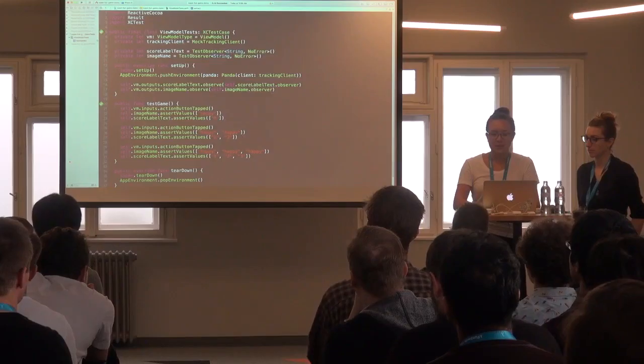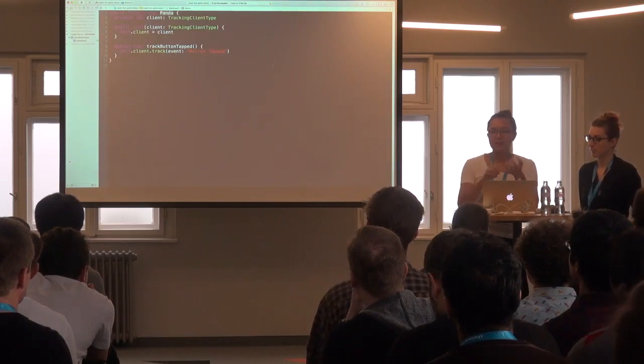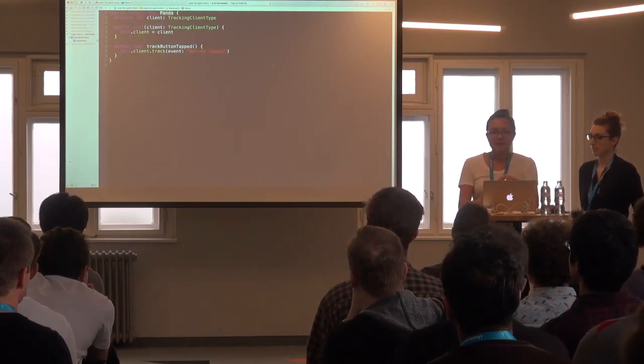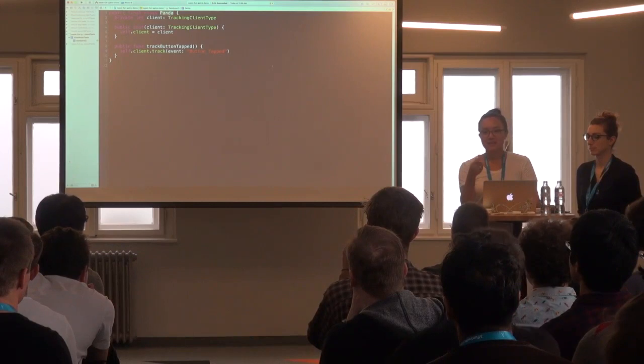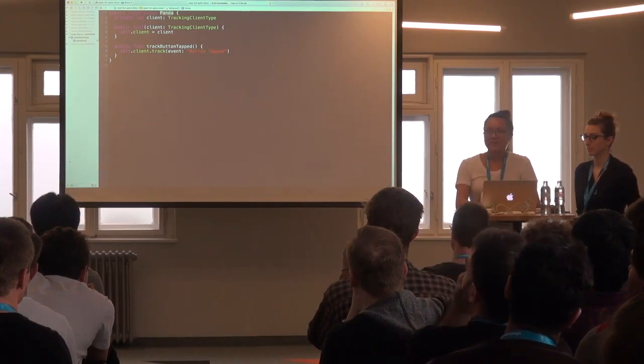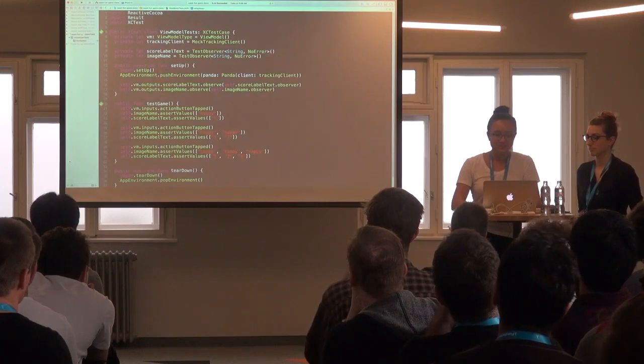So it's important to note here that Panda is essentially a wrapper around a tracking client. And the tracking client we pass in usually sends to the server, but in a test case, because it's a mock tracking client, it just saves those events to an array that we can test on.